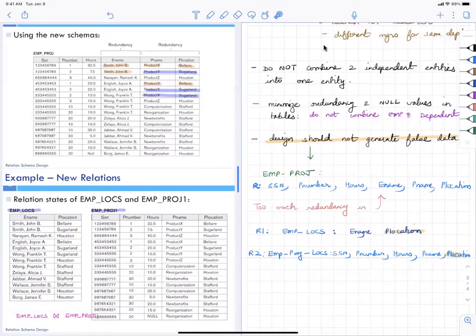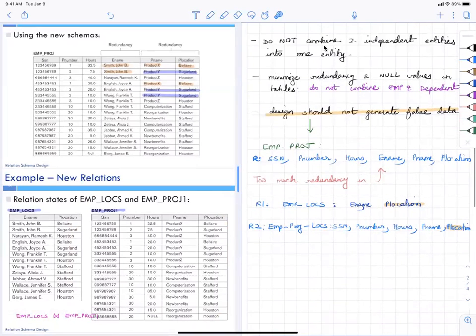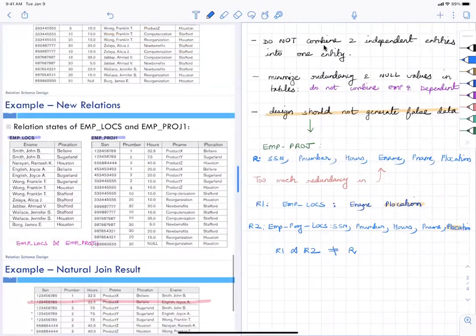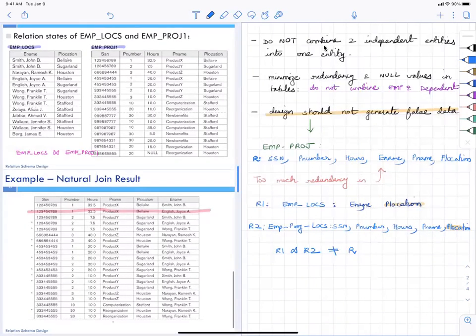So the question is, when you join R1 and R2, let's say I do R1 join R2, and the joining column is project location, because that's the common thing. When I join it, I find that R1 join R2 will not be equal to the original table R. This is the join on the left.